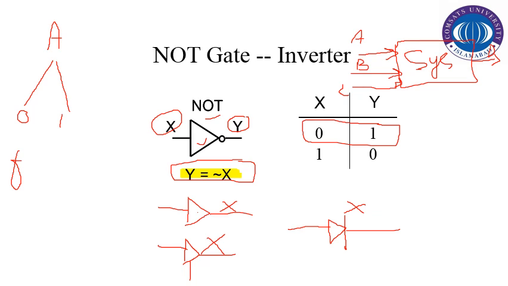So we can say that output D is dependent upon three literals that are the input literals.